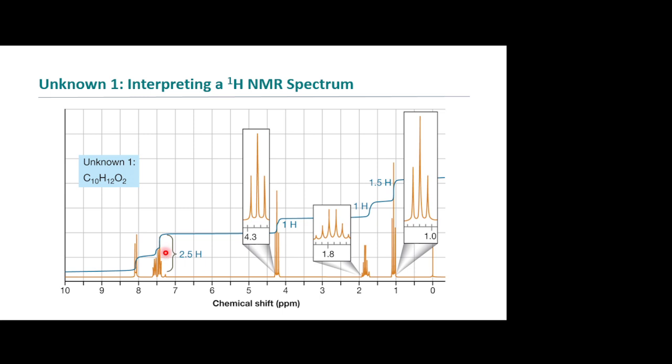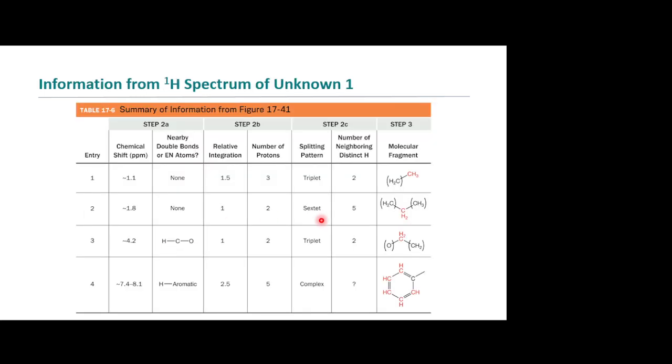Okay? They don't even blow it up for you. Over here, we have a triplet. So that tells you that hydrogen here has to have 2 hydrogens next to it, doesn't it? Okay. And so here we have our molecular fragments, and we would assemble these molecular fragments together.